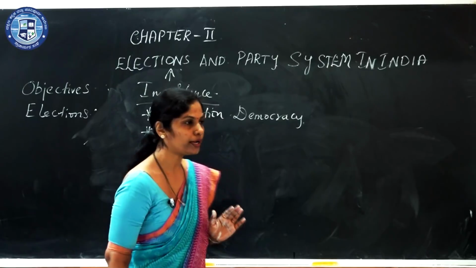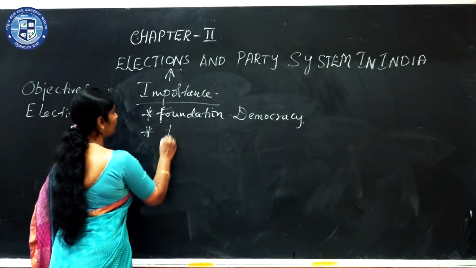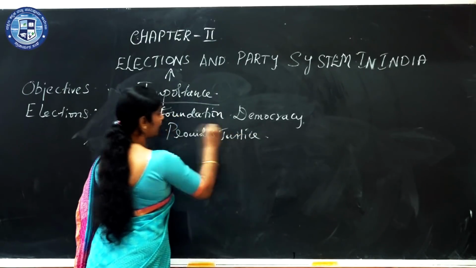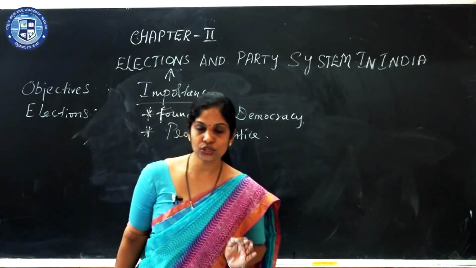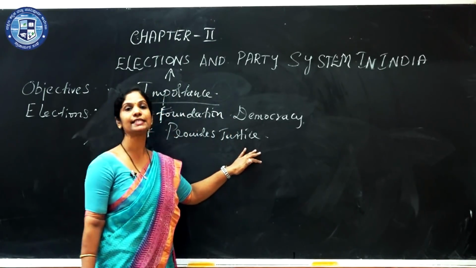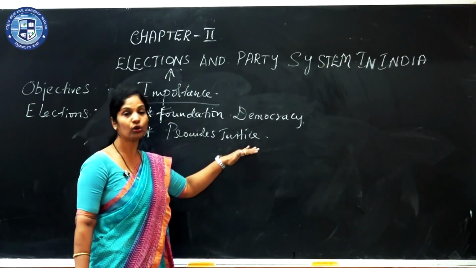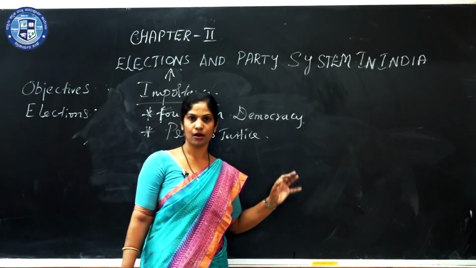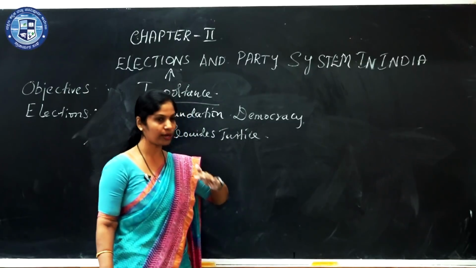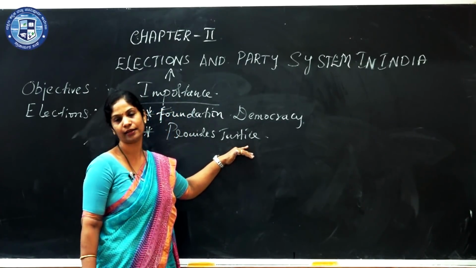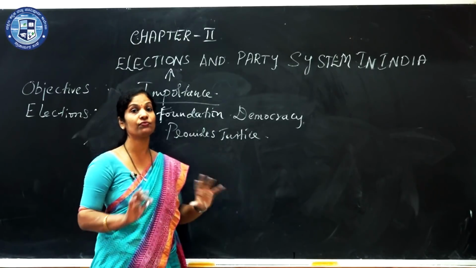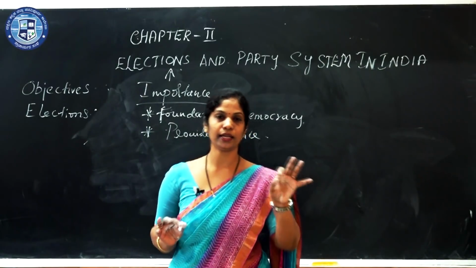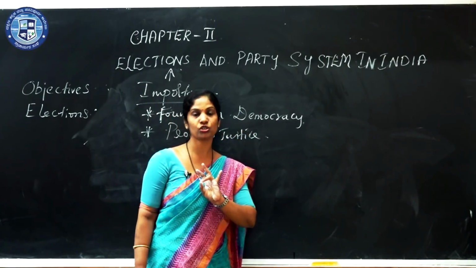Then the second importance is, it provides justice to the people. Elections provide justice to the people without making any discrimination. Of course, we know that under the preamble of the Constitution of India, the framers of the Constitution have mentioned that the Constitution is framed in such a way that it has to provide liberty, equality, fraternity, as well as justice to the people.